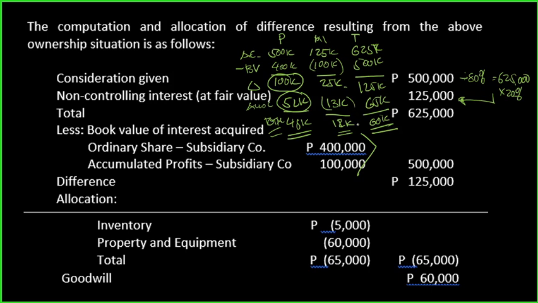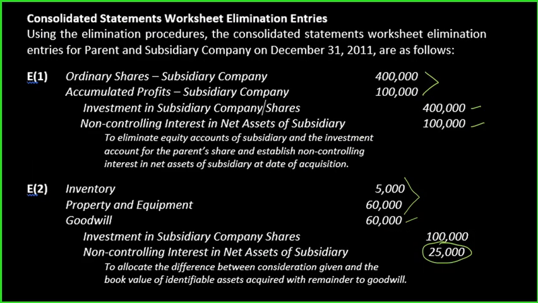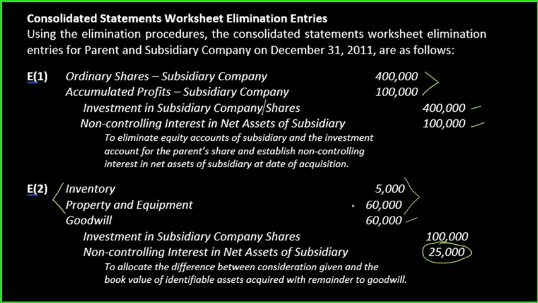Okay, what's this 52,000? This is actually 80% of 65 and 48 is 80% of 60. Nagets? Ito naman, yung para po sa minority interest. 13 plus 12 is 25. Okay, take note, this entry has something to do with the revaluation. This one is 65. 65 times 80%, that will be 52. 65 times 20%, that will be 13,000.